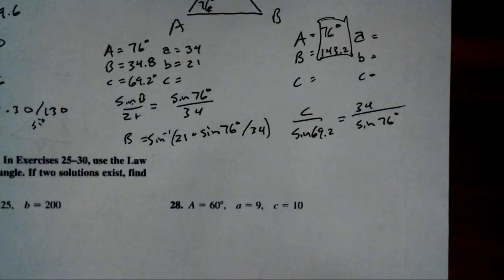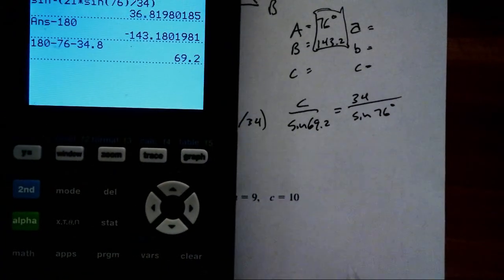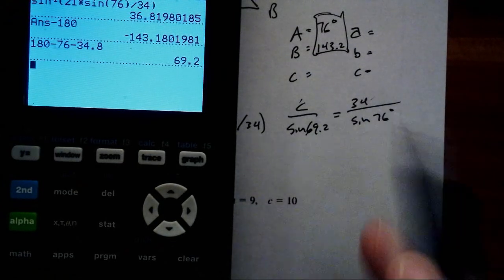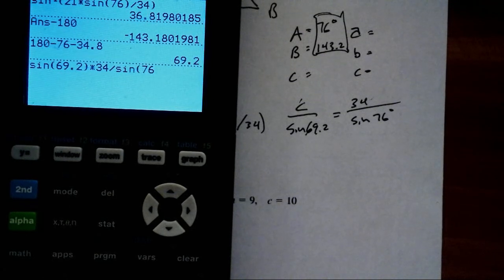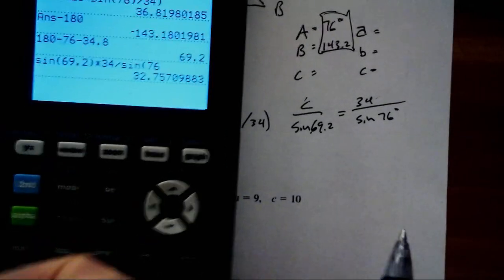And now it's just a matter of cross multiplying. C equals, I'm going to multiply sine of 69.2 across. Sine of 69.2 times 34 divided by sine of 76. And I get 32.8.